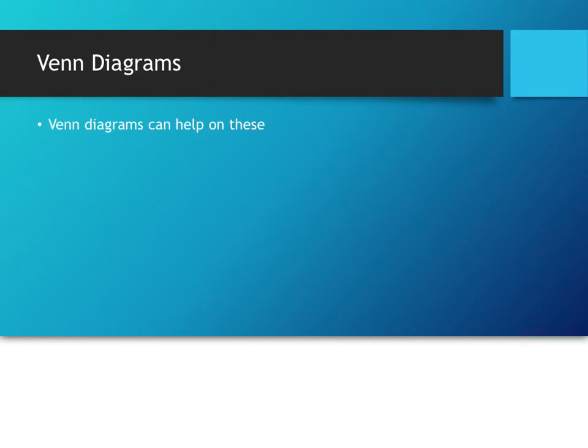Now we saw that, again, Venn diagrams can help us sort of decide whether things are equivalent or not. We saw a couple of equivalencies earlier.